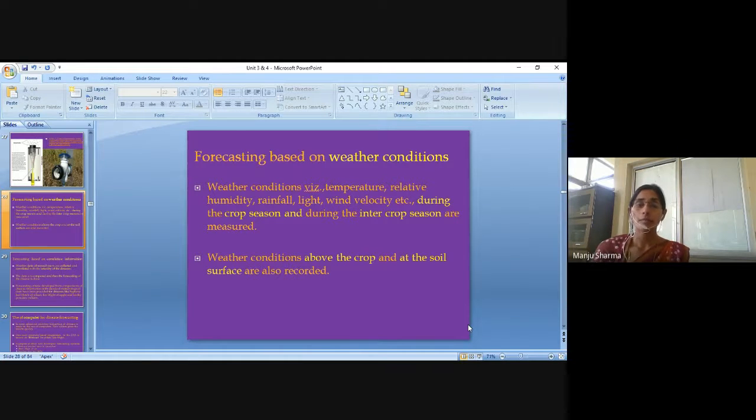The weather conditions above the crop and at the soil surface are also recorded.